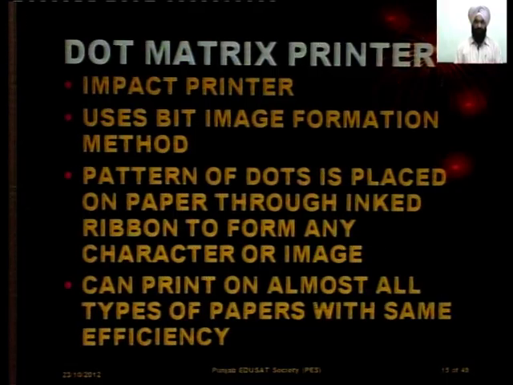As we have discussed the printing of the alphabet capital H with the help of a dot matrix printer, it is not like the dots in the slide which I showed earlier, that was magnified dots.